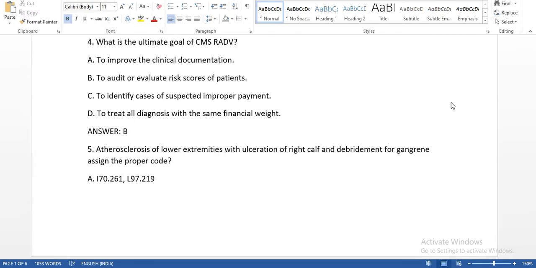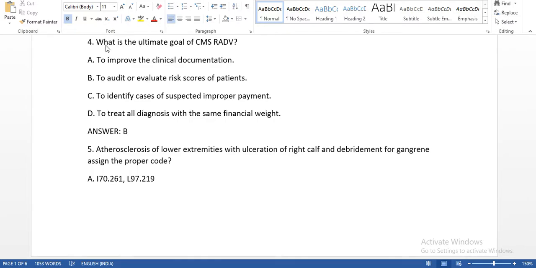So here, fourth question, what is the ultimate goal of CMS RADV? I hope all of you know about RADV. CMS means Centers for Medicare and Medicaid Services. RADV means Risk Adjustment Data Validation.